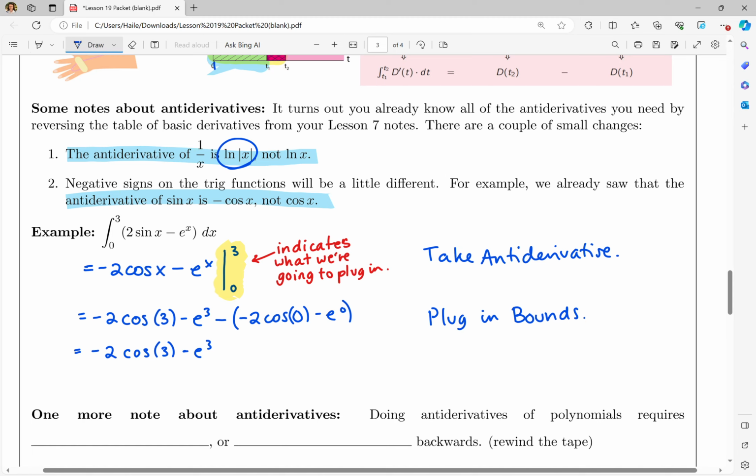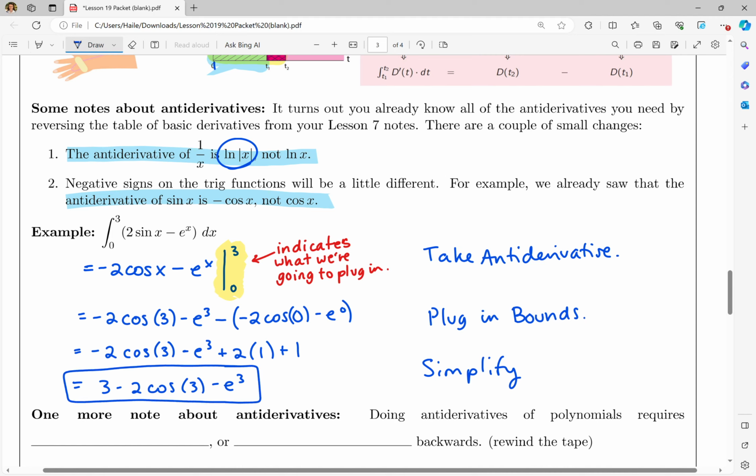So we get plus 2 times 1, the cosine of 0 is 1, minus, or plus 1 if we're distributing the minus. e to the 0 is also 1. So my final answer here will just be 3 minus 2 cosine of 3 minus e cubed. All right, and so this is our final answer for our integral.